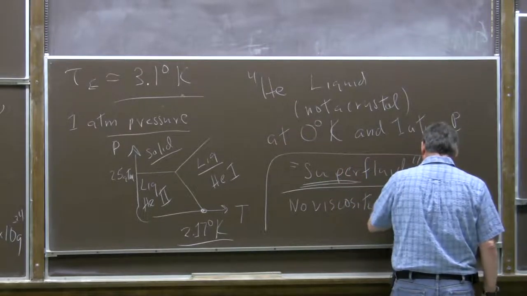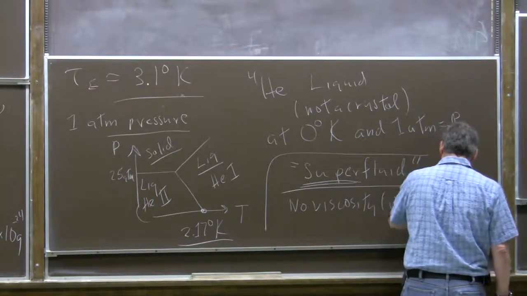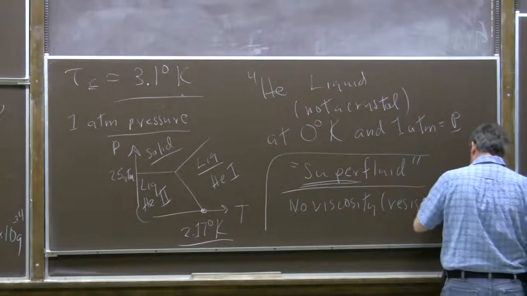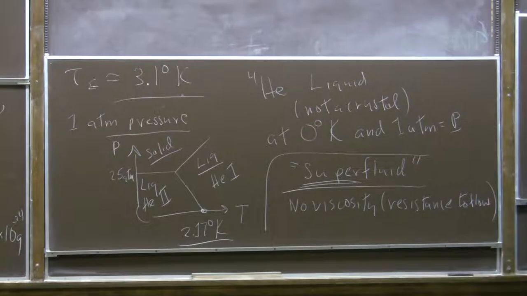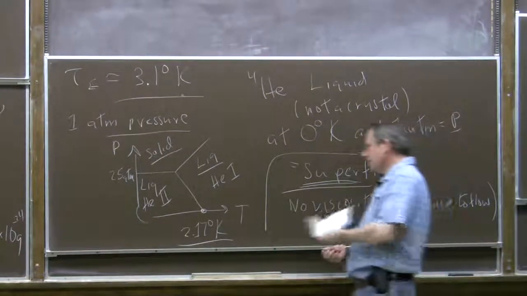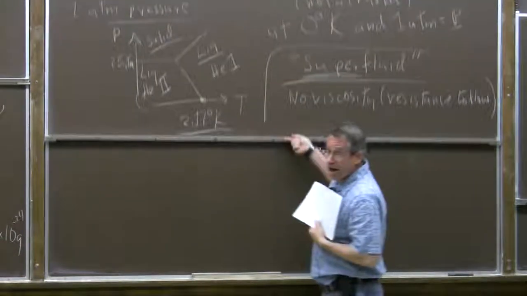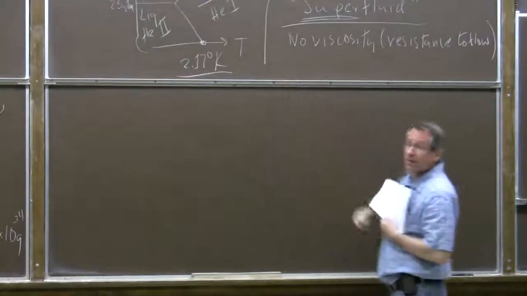Viscosity, essentially. We'll talk a little more about viscosity in the last week of the class, but it essentially means resistance to flow. And the interpretation, it's a little bit loose because the interactions can't be completely neglected, is that at this temperature, a Bose-Einstein condensate of helium atoms forms.